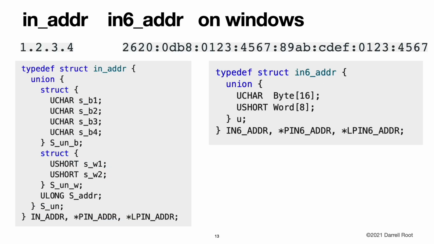Here's the in_addr data structure on Windows, which was included in the sockaddr_in in the prior slide. The in_addr is a union, and we can access the data in multiple ways.